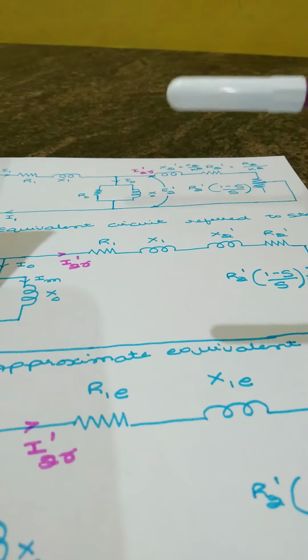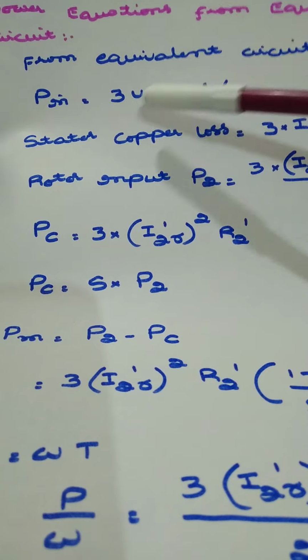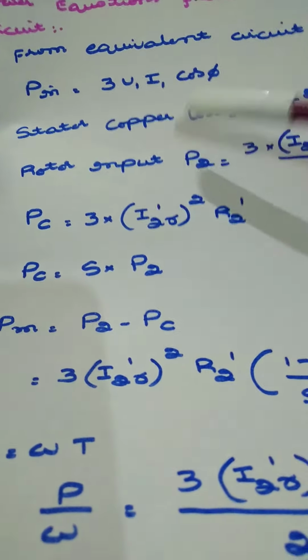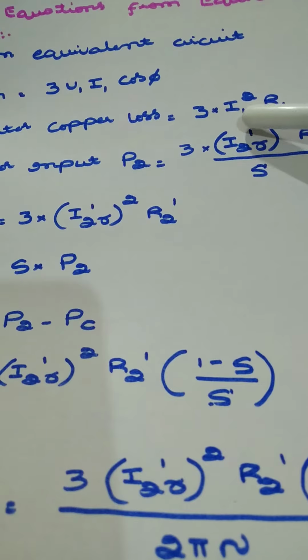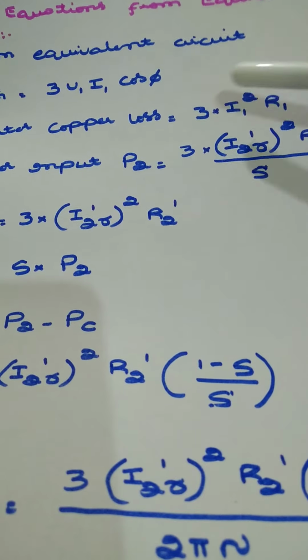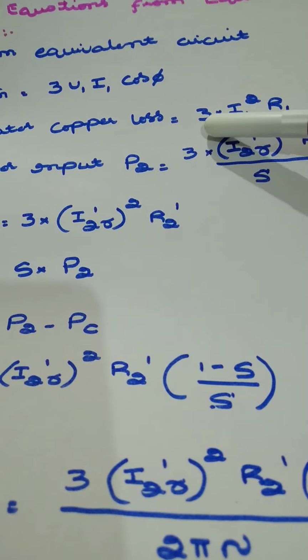Input is V1 I1 into cos phi into 3 phase. V1 is the stator input voltage, I1 is the stator current, and cos phi is the power factor, the angle between voltage and current. Stator copper loss is nothing but stator current I1 whole square into R1. Since it is a 3 phase, you have to multiply by 3.